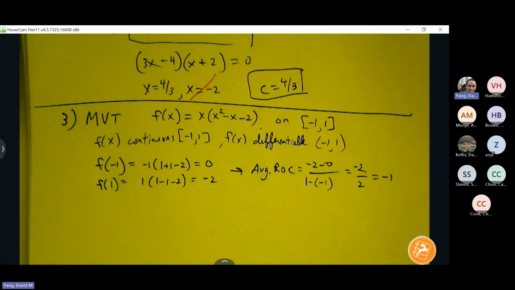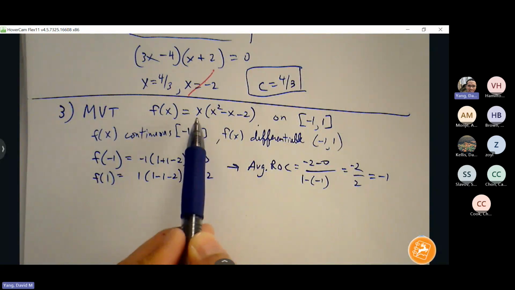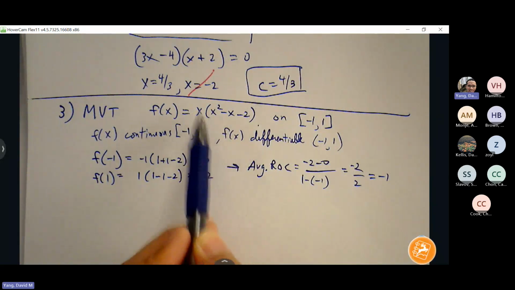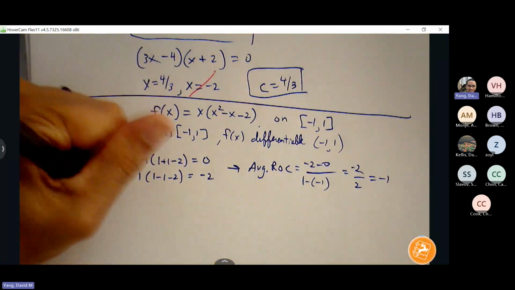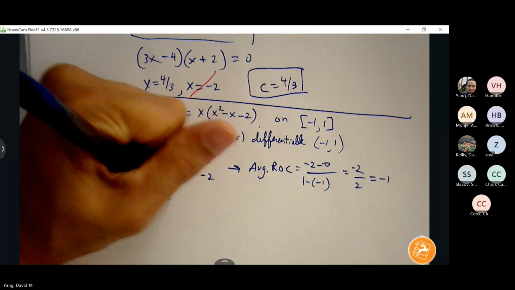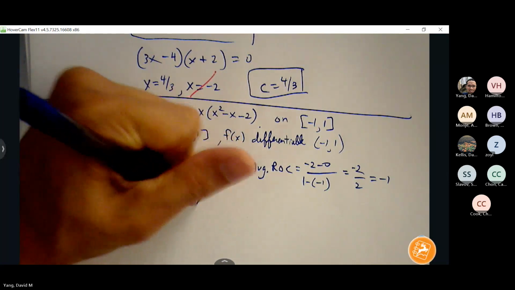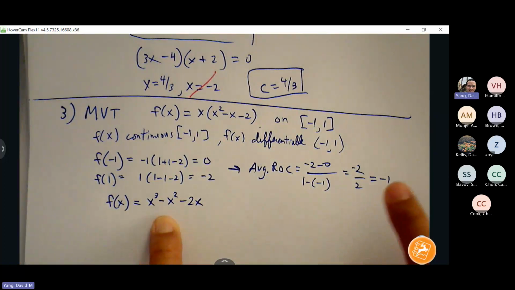Okay, so next step, I can get it ready for power rule. I can go through product rule, but there's no need, especially if I can just do power rule in one step by cleaning up the parentheses. So we set the derivative equal to our average rate of change.